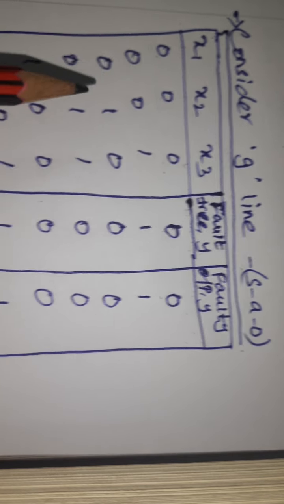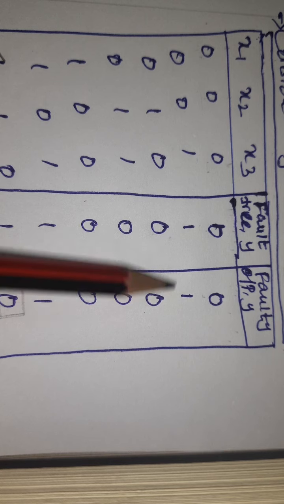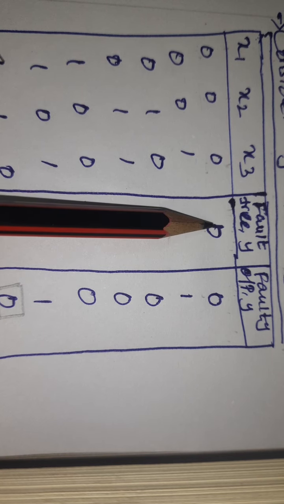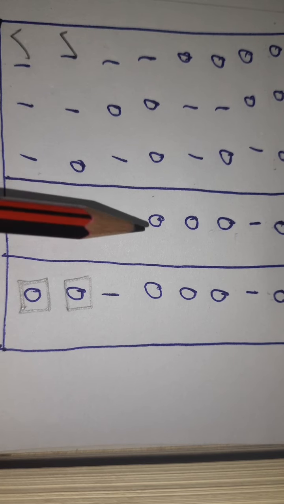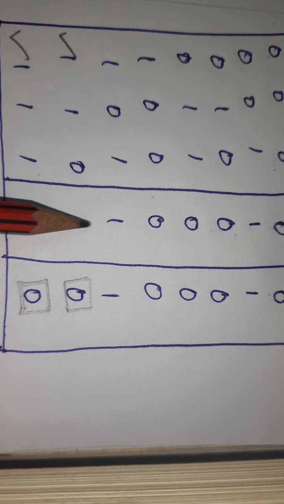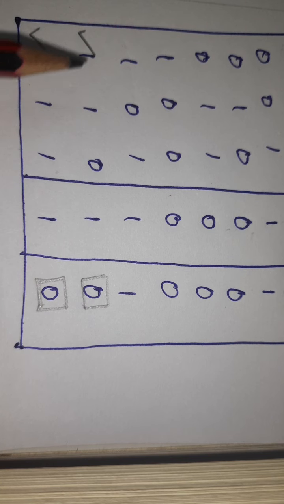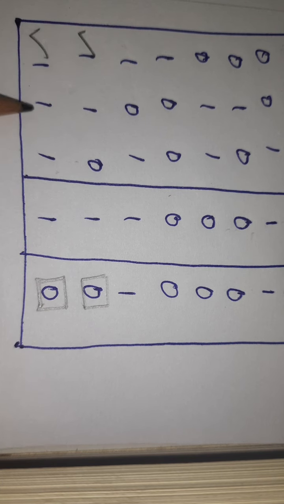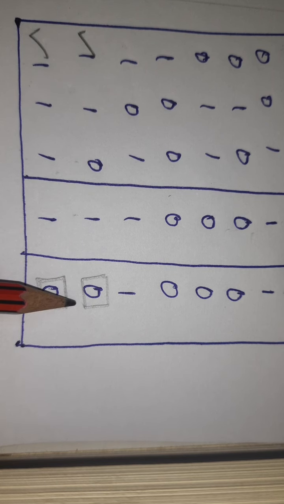When are we able to find the fault? Similarly we compare both values, the fault free response and the faulty response, and make the truth table. Finally look at this table, the final input combinations, 1 1 0 then 1 1 1. This is the fault free response value, this is the faulty response.